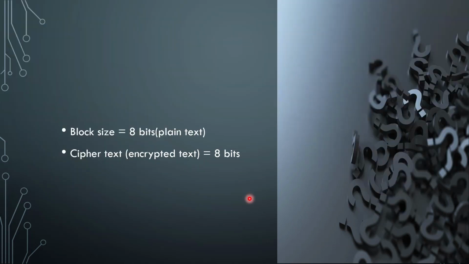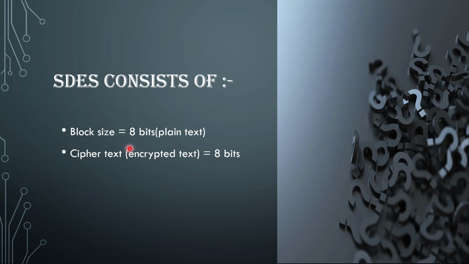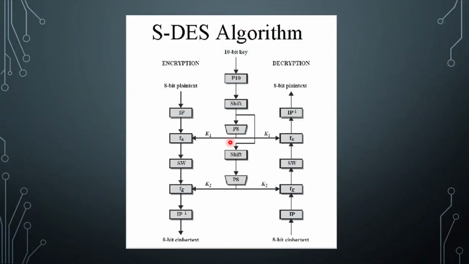Coming to the SDES algorithm, SDES takes an 8-bit plaintext and the ciphertext is 8 bits, which is the output. In the SDES algorithm there are three parts: one is encryption, this is key generation, and this is decryption. First we pass the 8-bit plaintext to the IP, the initial permutation, and then we do function fK.